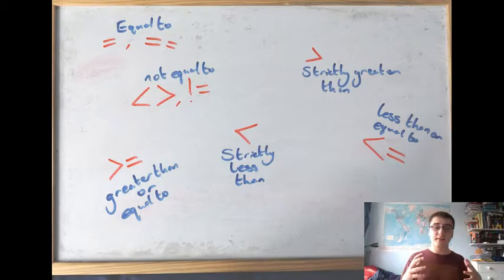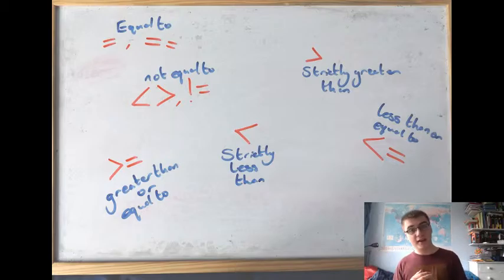It can also say whether the two values are not equal, and that can be represented by a strictly less than sign facing into a strictly greater than sign. However, the way I prefer to do it, which is the way they do it in Python, is to put an exclamation mark and then an equal sign.